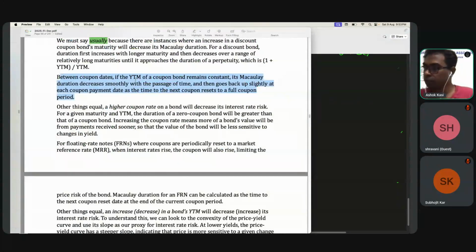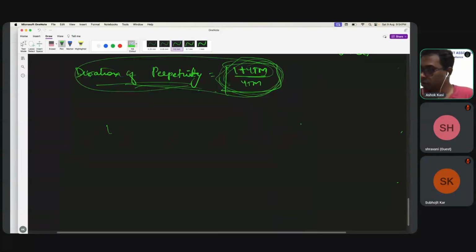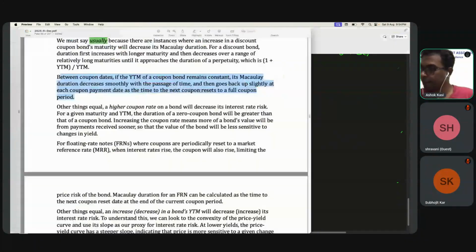Between coupon dates, if the YTM of your coupon bond remains constant, its Macaulay duration decreases smoothly with the passage of time and then goes up slightly at each coupon payment date.